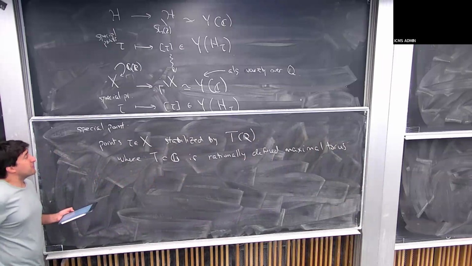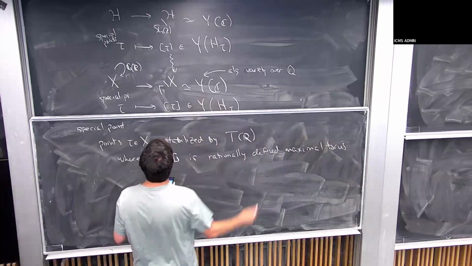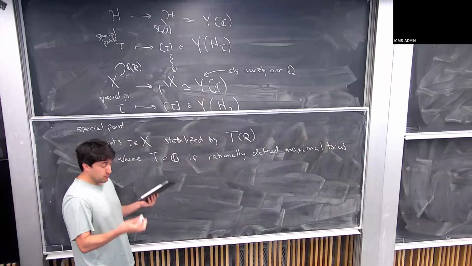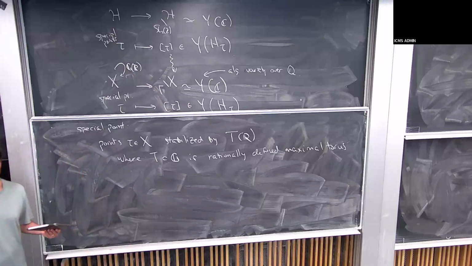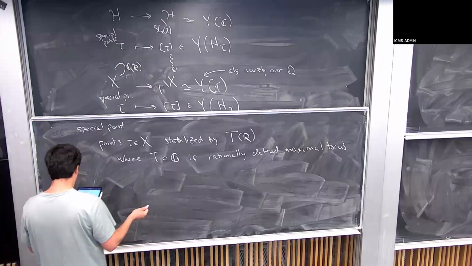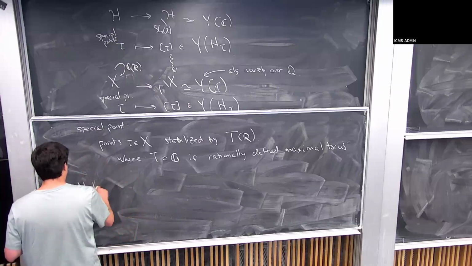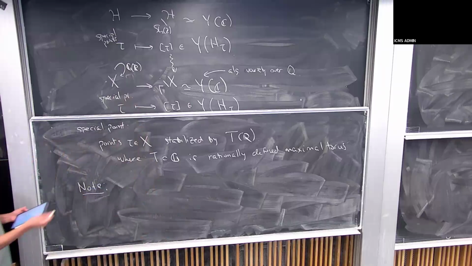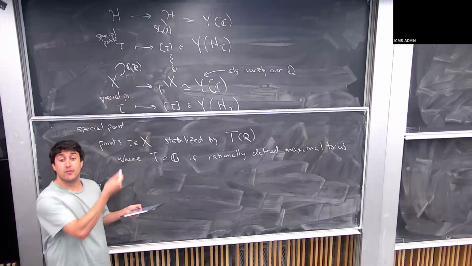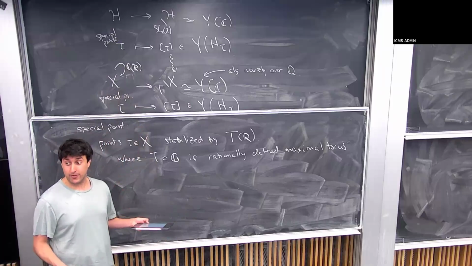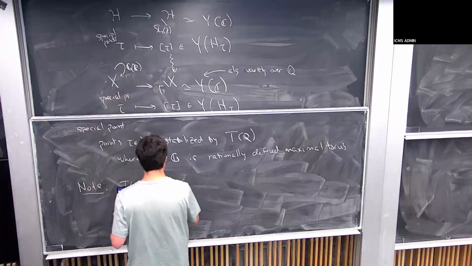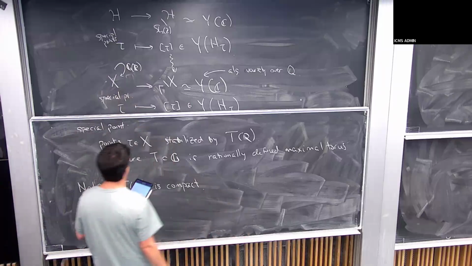This setup is great. Special points on Shimura varieties say an awful lot about the arithmetic of certain maximal tori, but it has one defect. A feature of the non-positive curvature, the negative curvature of these symmetric spaces, is that if you look at the stabilizer of a point in one of these symmetric spaces, it is a compact group. So T of R is compact because it's contained in the stabilizer of a point tau.